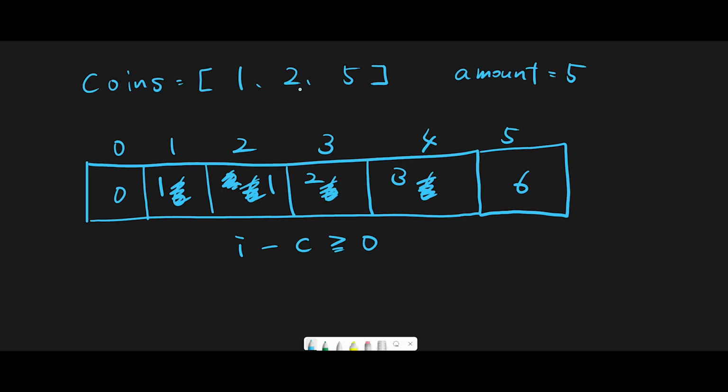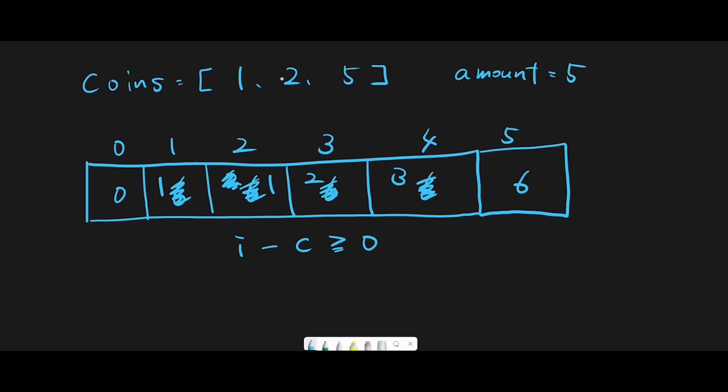And then move next. So we use coin 2, and we need this condition, right? 4 minus 2 is 2. If we use coin 2 this time, we need amount 2. So 4 minus 2, and look at index 2. To make up amount 2, we need 1 coin, I think 1 coin 2.